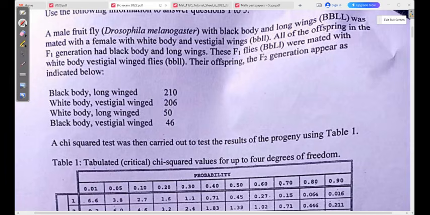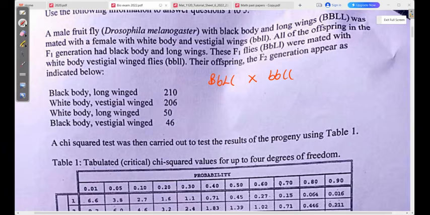You are now focusing on what cross you conducted to come up with the progeny. Forget about the F1. So the cross was between the F1 fly, which had this genotype, and this one with this genotype. So now these were the parents which have given us these progeny.